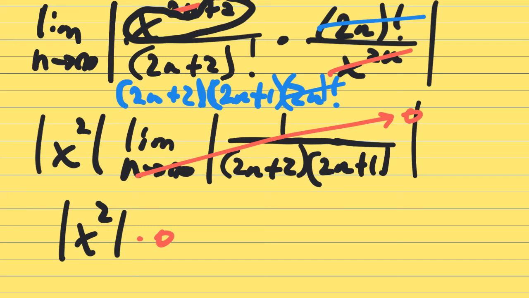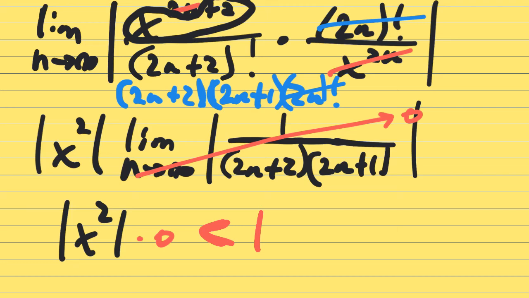No matter what your value of x is, you can put any value of x in here, square it, absolute value, but the moment you multiply by 0, your value is less than 1. Always less than 1.